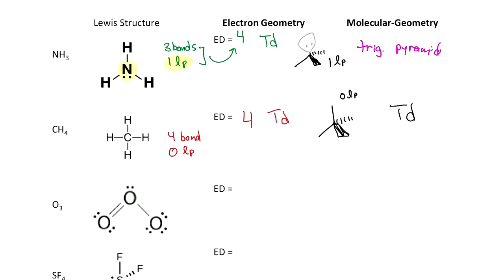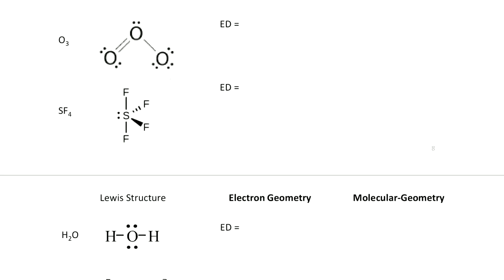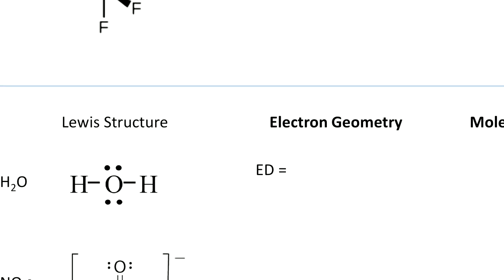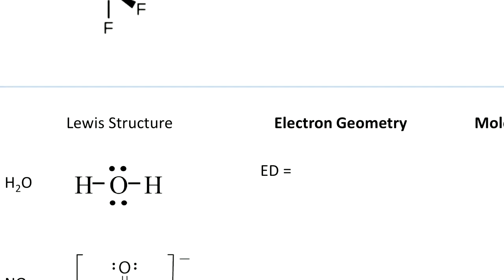All right. I'm just going to skip these ones. I'm going to go to water, and you'll see why I want to do water. Because if you count the number of electron domains around water, how many are there? 4 again, yes, 4 electron domains. But this time, there's 2 bonds and 2 lone pairs. All right?